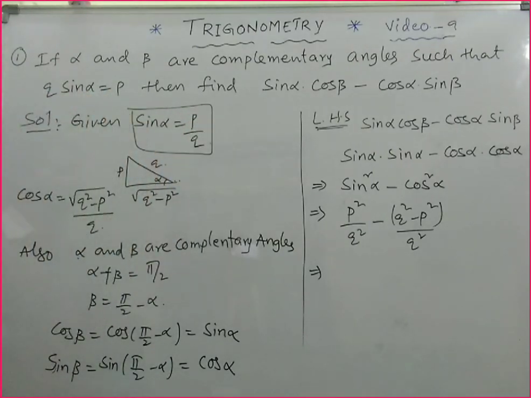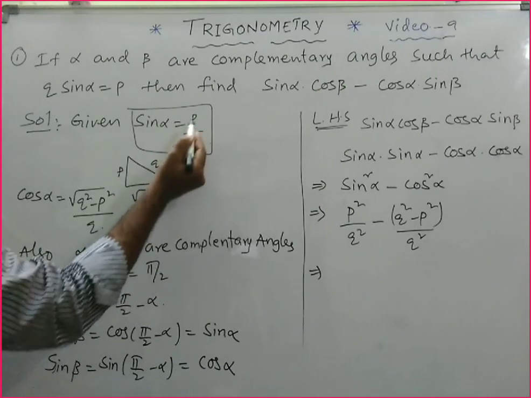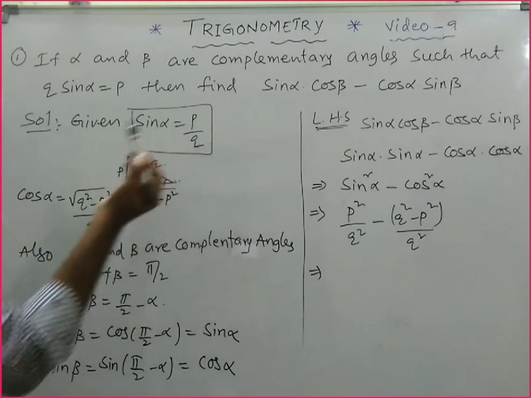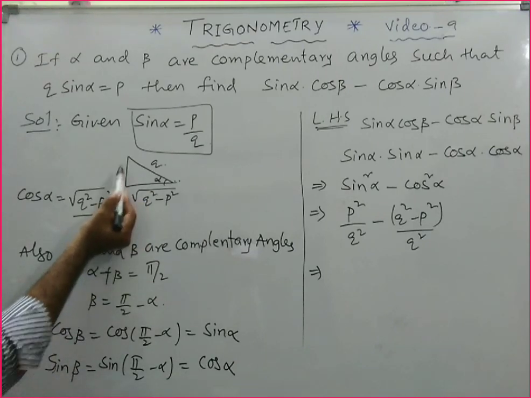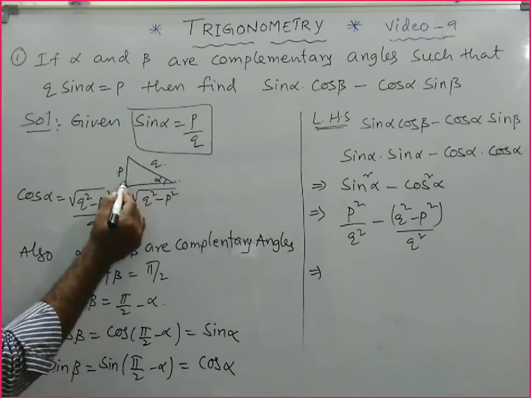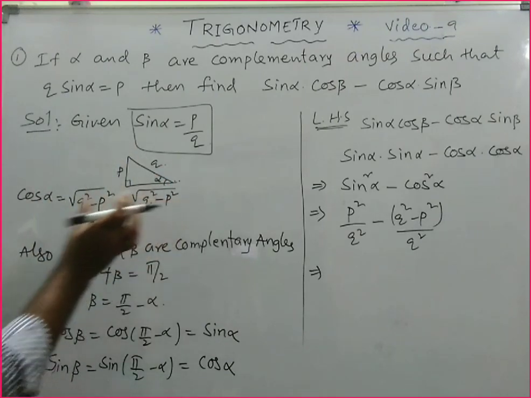Then consider a right angle triangle and let it be the angle alpha. Sin is nothing but ratio between opposite and hypotenuse. So opposite side is nothing but this side, let it be P. And hypotenuse is, this is the Q. Now we want to find the adjacent one.